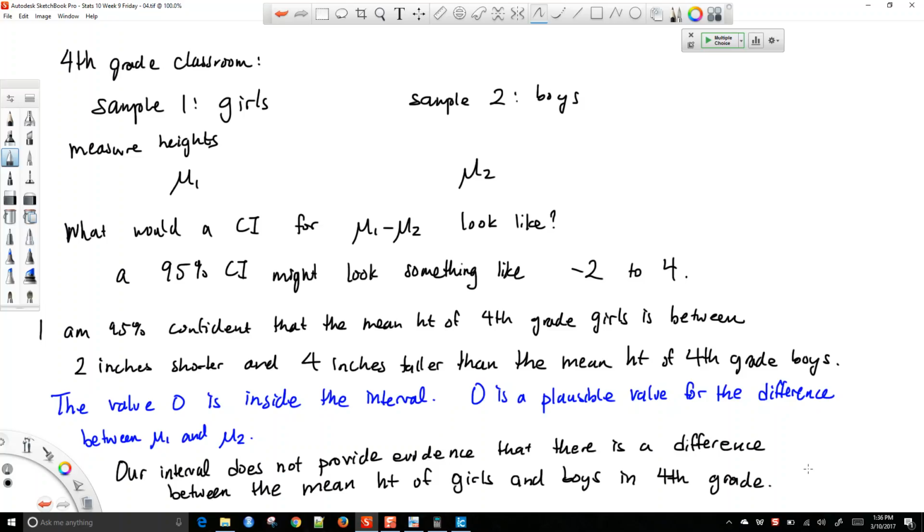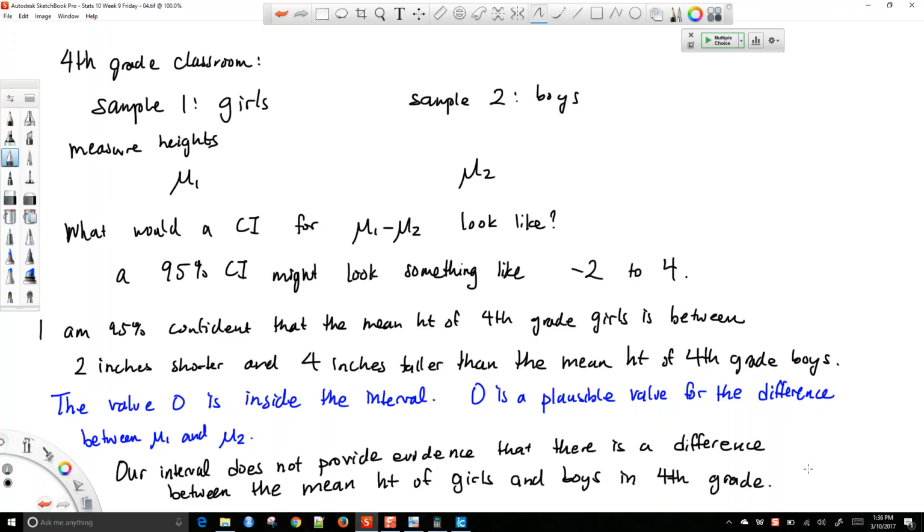Now, does this mean that there is no difference between the mean height of boys and girls in 4th grade? No, it does not mean that, right? Because a question we could pose is, does your interval provide evidence that there is no difference? That would be the same as saying, does your interval provide evidence that the quantity is equal to 0? And we know that intervals never provide evidence that the quantity is exactly some value.